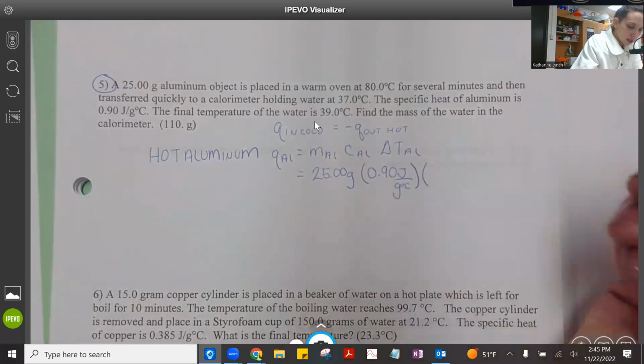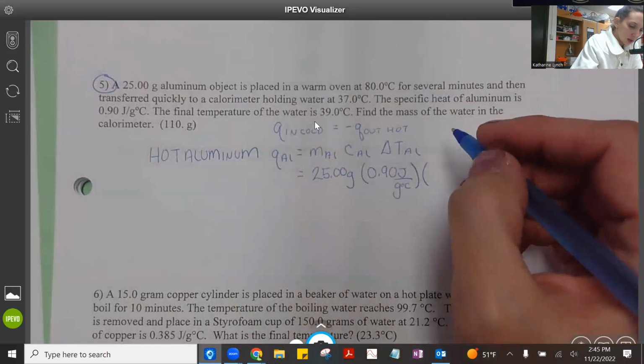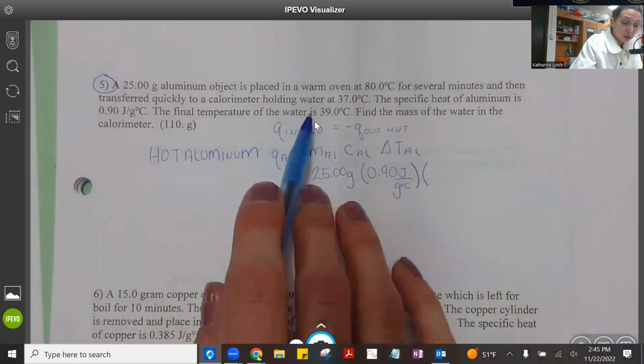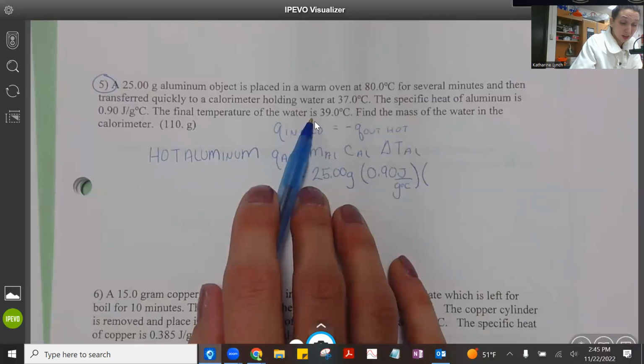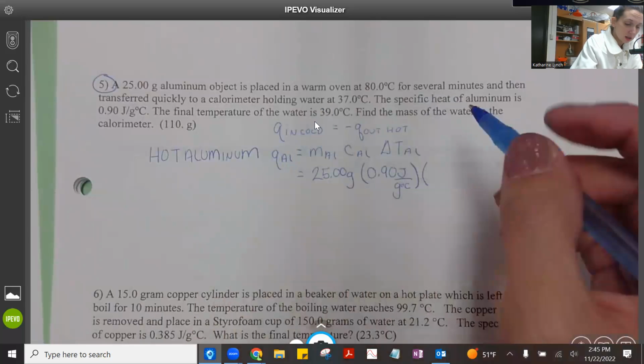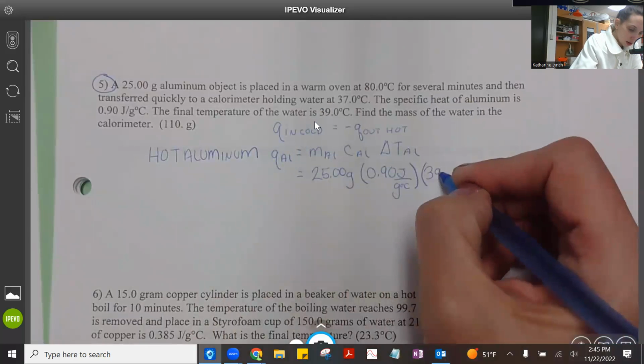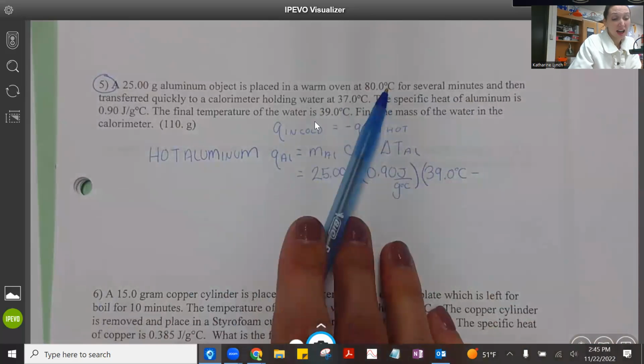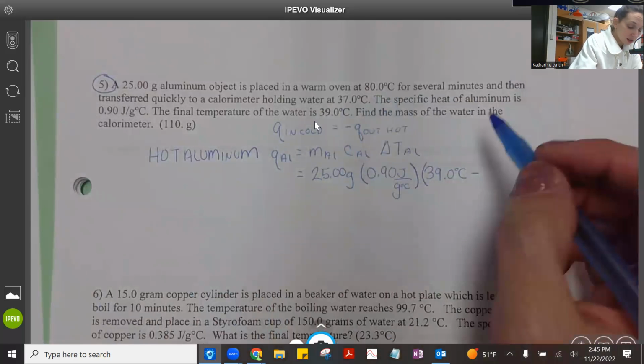And we know the delta T of the aluminum. So delta T is T final minus T initial. The final temperature of the water, which the hot aluminum gets placed into, is 39 degrees Celsius. And the aluminum started out in a hot oven, 80 degrees Celsius.